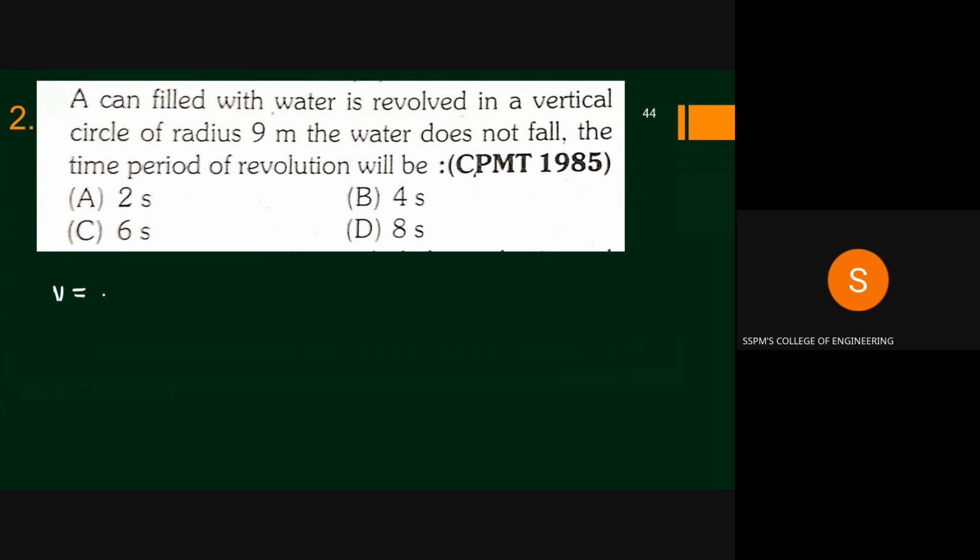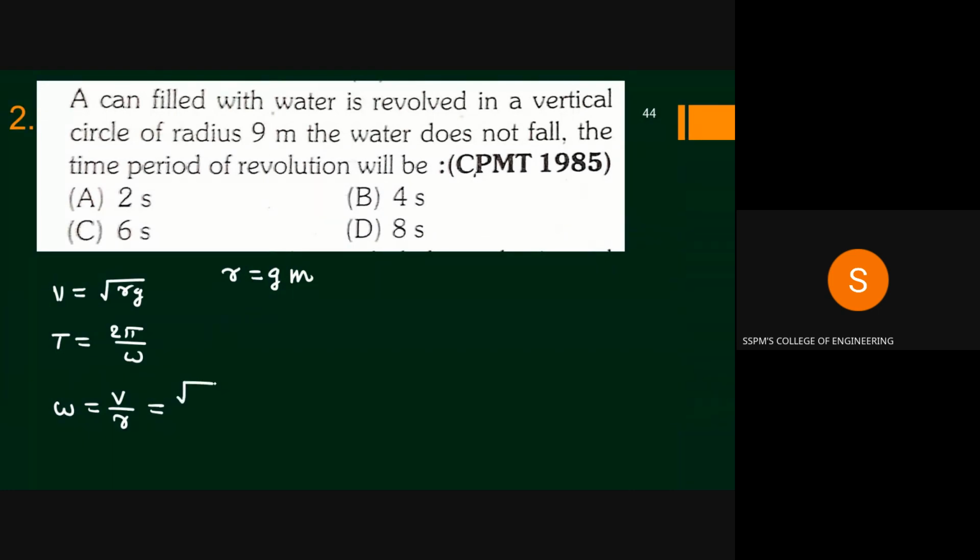So the v that we have got is v is equal to square root rg. Then the time period equation, t is equal to 2 pi upon omega. Now the radius given for the circle is 9 meter. So we have to calculate omega. This is equal to v upon r.